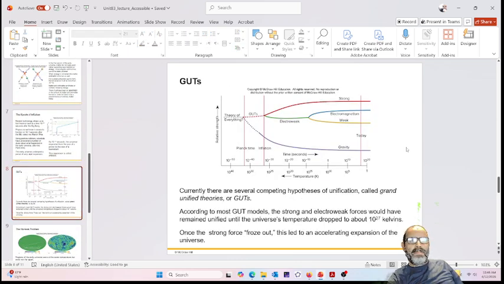In terms of forces, we know that there are 4 forces in nature. Gravity, which is super weak, followed by the weak force, and there is a huge gap between them. It's not represented in here. Gravity is 10 to the negative 40 compared to the electromagnetic force, which is 10 to the negative 6.